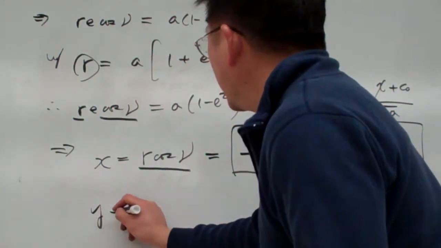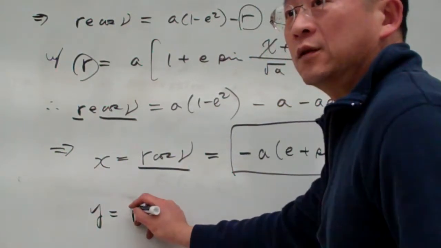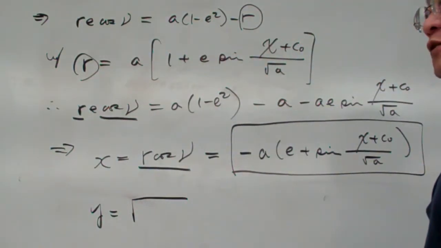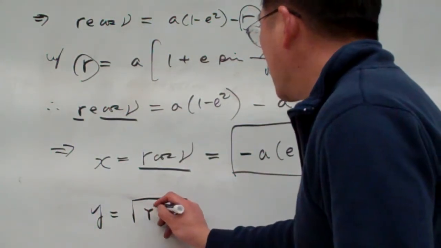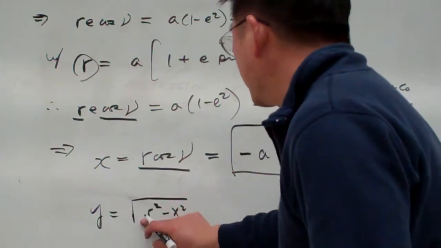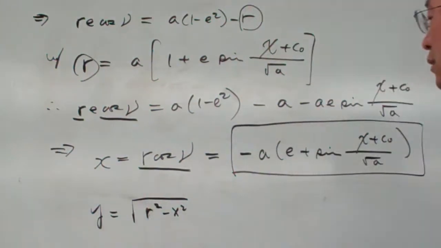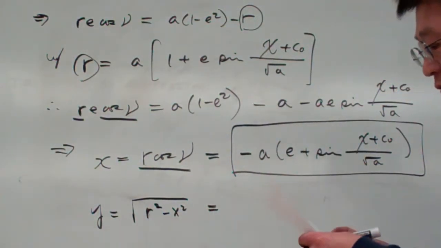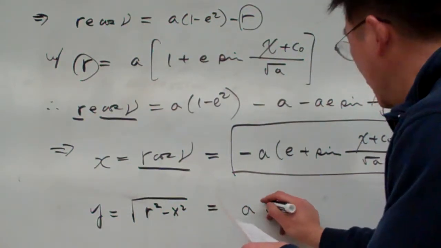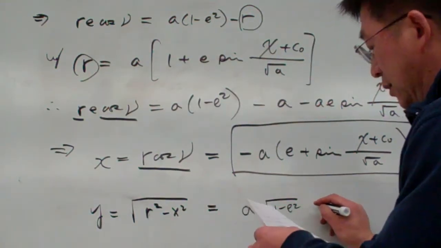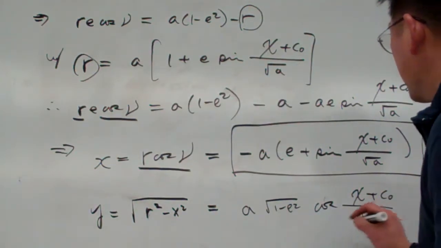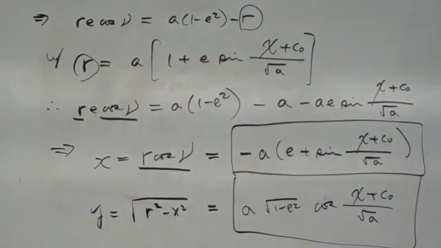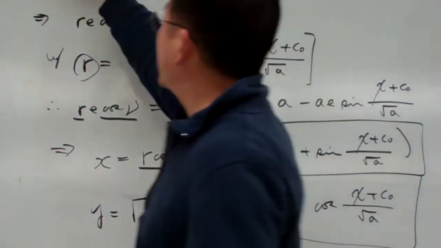And also y, we know, using the tangential ray coordinate system, is the square root of r squared minus x squared. Therefore we can have y, so that y equal to a times e squared and cosine x plus c0 square a. So this is y. Basically here we have patterns appeared.